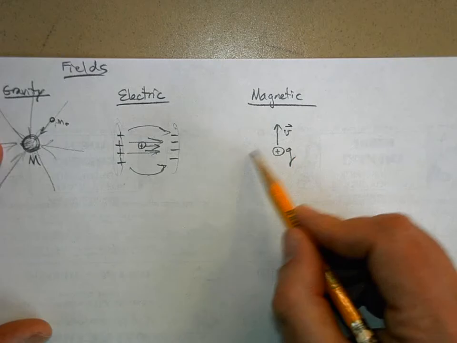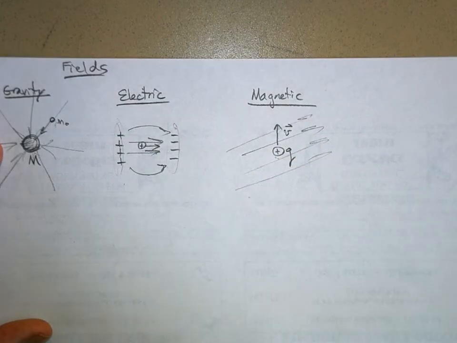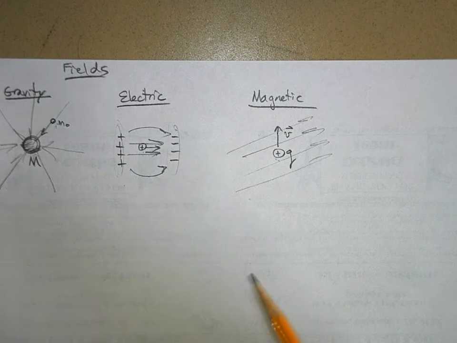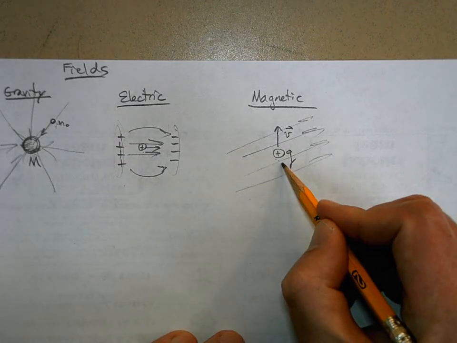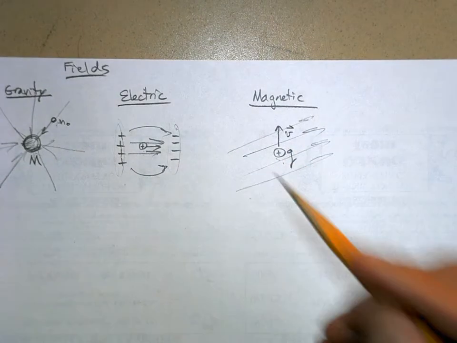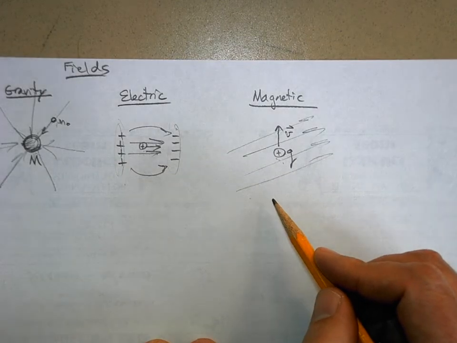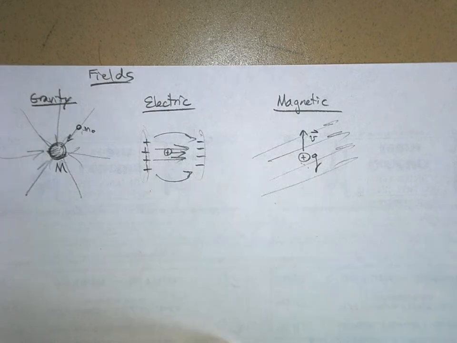And I've got some magnetic field here that's going to apply a force to it. So if the effect on the moving charge is a force, what do you think the cause of the magnetic field is going to be? Huh? Exactly. Other moving charged particles.